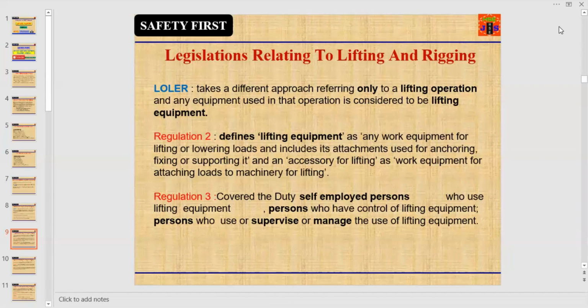Regulation 2 of LOLER defines lifting equipment as any work equipment for lifting or lowering loads, and includes its attachments used for anchoring, fixing, or supporting it, and an accessory for lifting as work equipment for attaching loads to machinery for lifting. Regulation 3 covers the duties of self-employed persons who use lifting equipment, persons who have control of lifting equipment, and persons who use, supervise, or manage the use of lifting equipment.